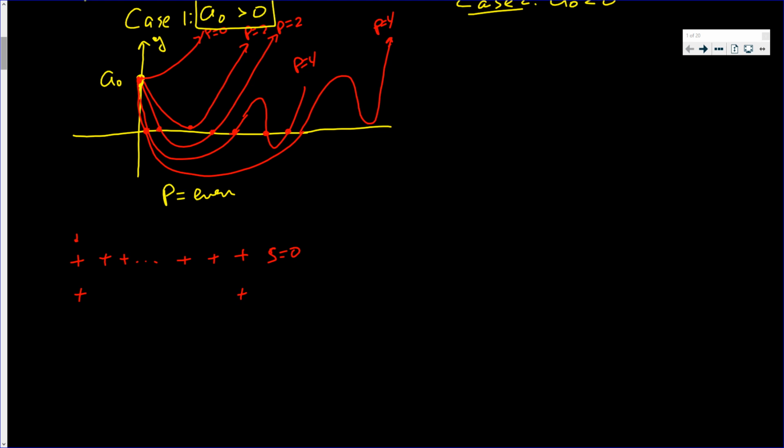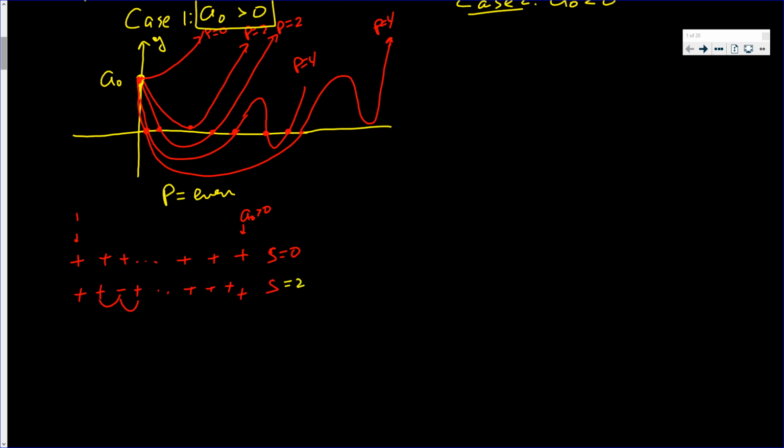The first and the last have to be positive. The first one is 1, and the last coefficient is a sub 0, which in case number 1, we're assuming is positive. So if you have just one negative somewhere, then you're going to have a sign change here and a sign change here. S is going to be 2.